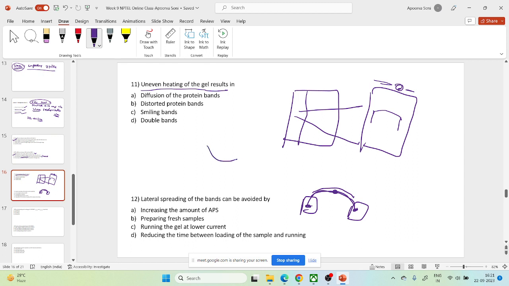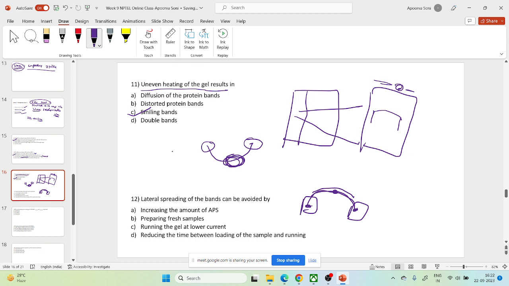Similarly, if you have this band, that means the middle lane was heated up a lot, and these portions were not that much heated, therefore you get this type of band. So there was uneven heating of the gel. So uneven heating of the gel results in smiling bands. Could you understand how smiling bands are formed because of uneven heating?